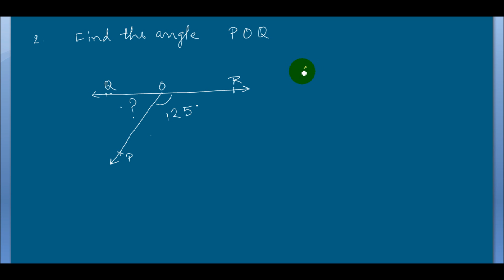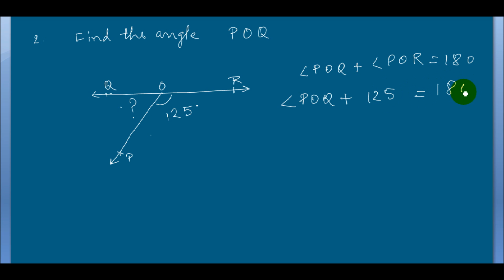That means angle POQ plus angle POR equal to 180 degrees. You know angle POR, so we will put the value: angle POQ plus 125 degrees equals 180 degrees.